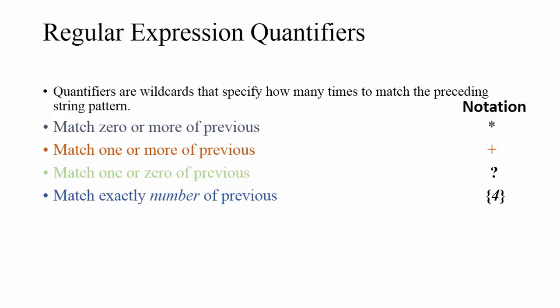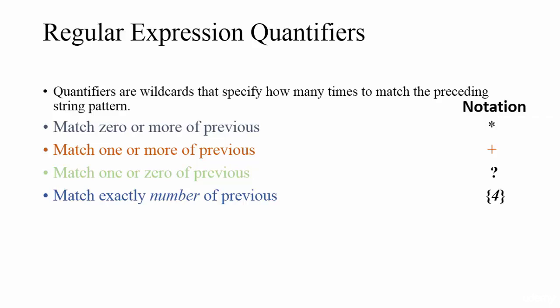So you can think that I have a box in which I have different items, and these quantifiers are going to allow me to pick how many items I can pick. So in case of star, I can do two things. I can leave the box, not pick any item, or I can pick more than one item.